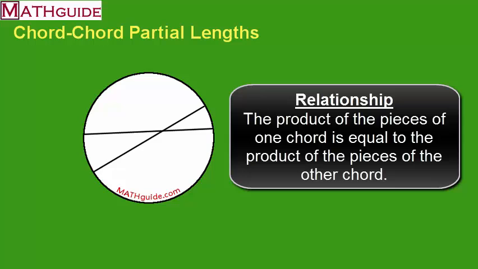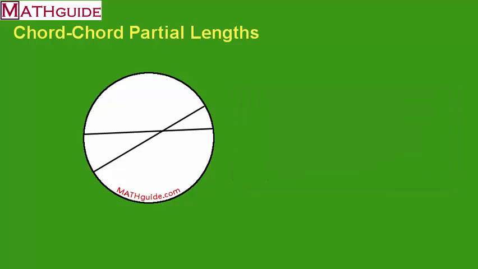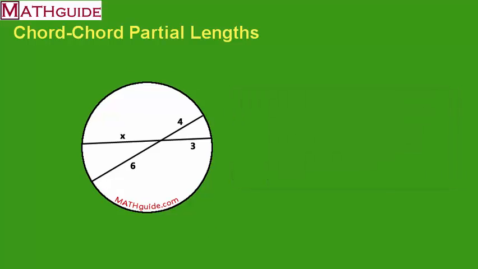So to demonstrate this relationship, I'm going to put a problem that has actual lengths on the screen. So for this problem, we can see that there are two chords intersecting the circle again, right at this point. And it looks like this chord has pieces that have length 6 and 4.